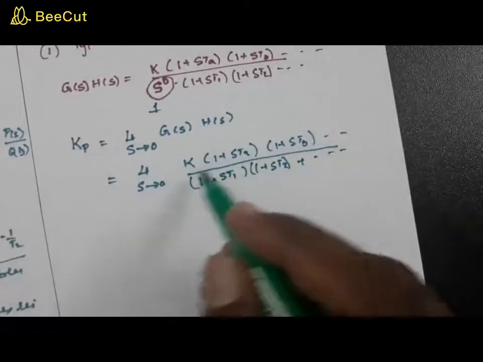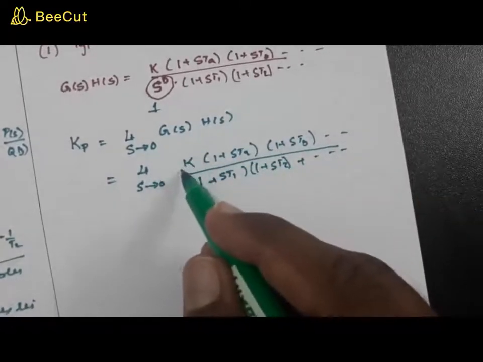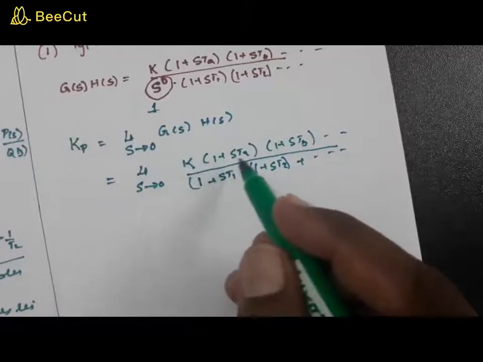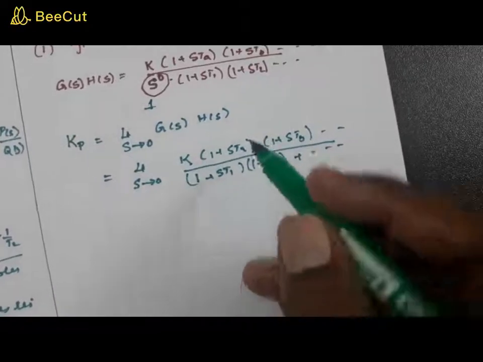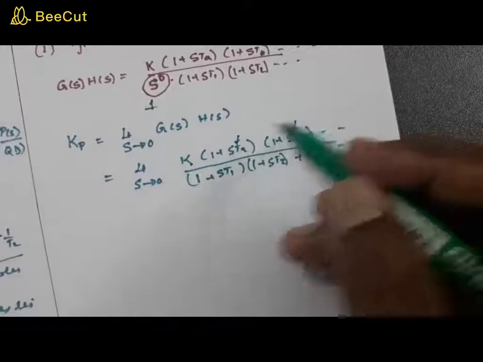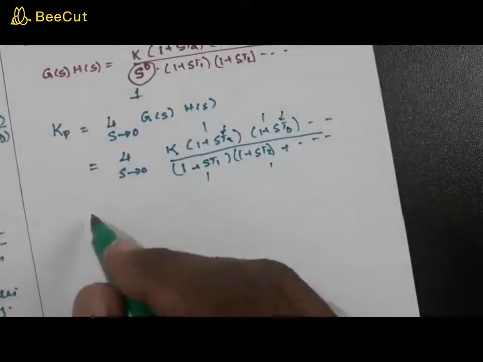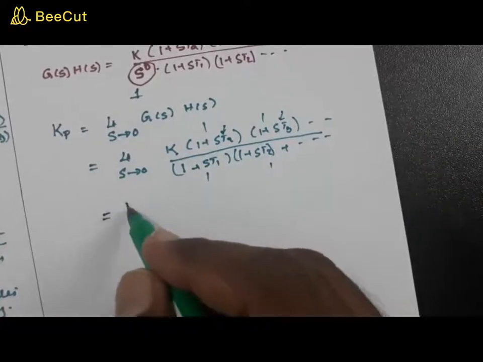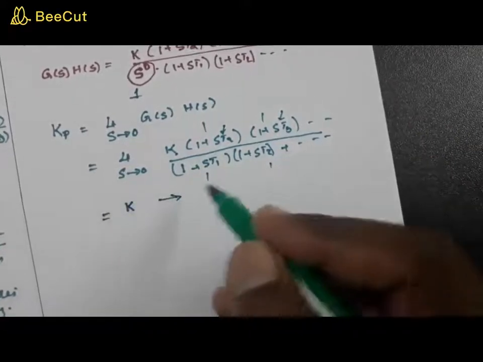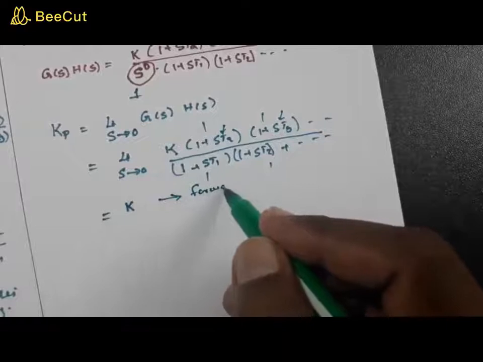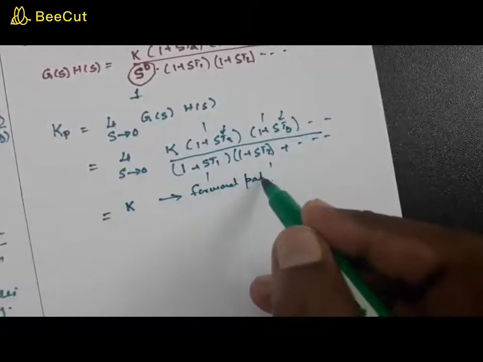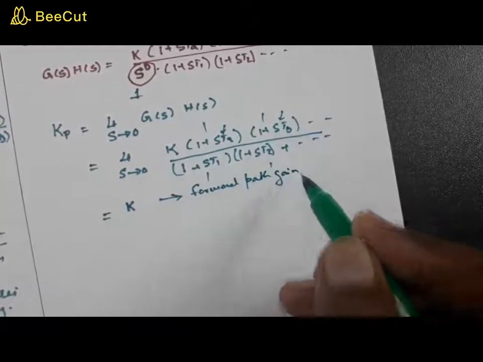The limit has nothing to do with this K because it's a constant. All other terms become unity, right? All the s terms become 0, meaning each of these factors is 1. So this Kp is found to be equal to the forward path gain.